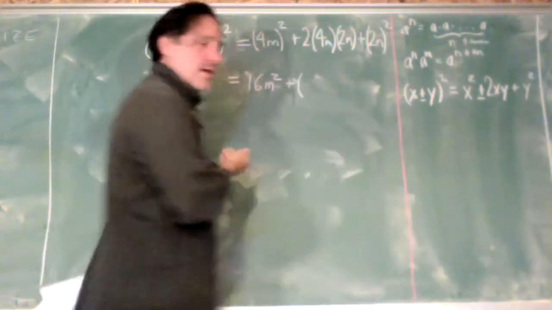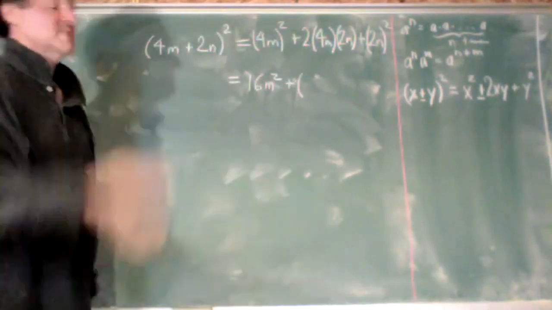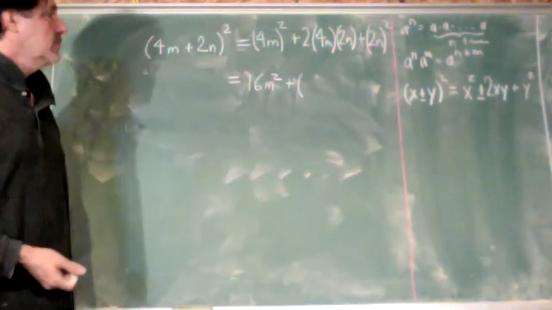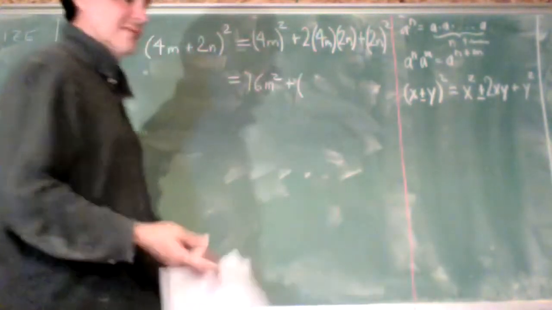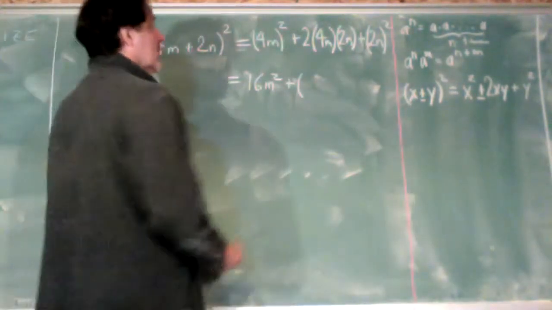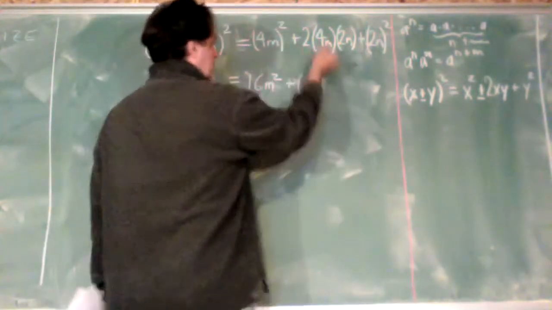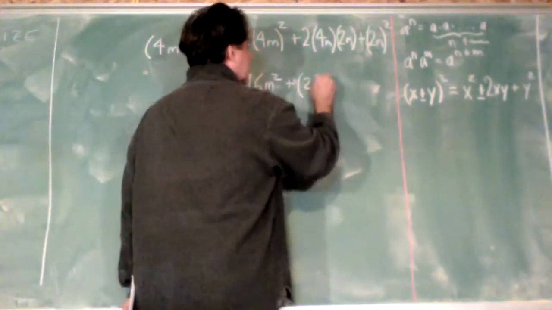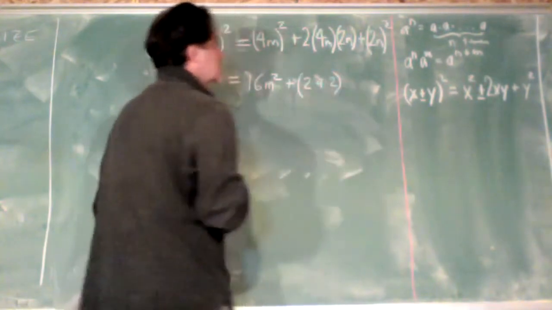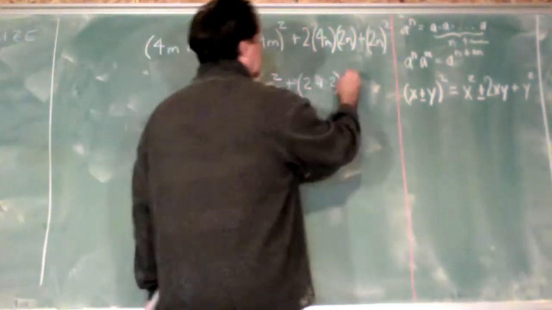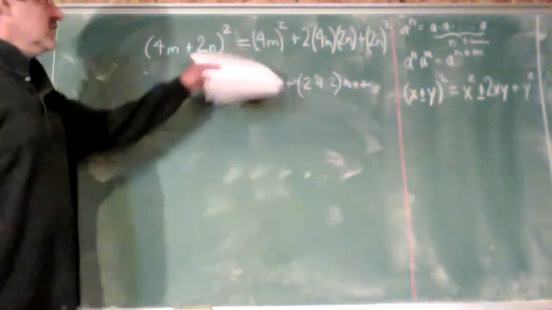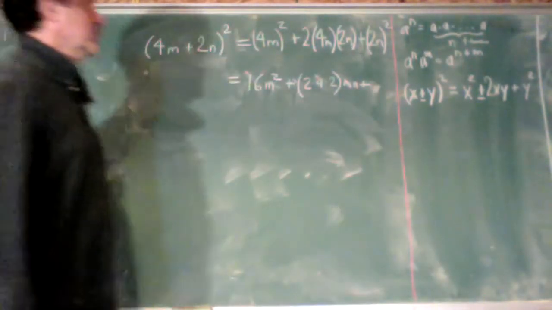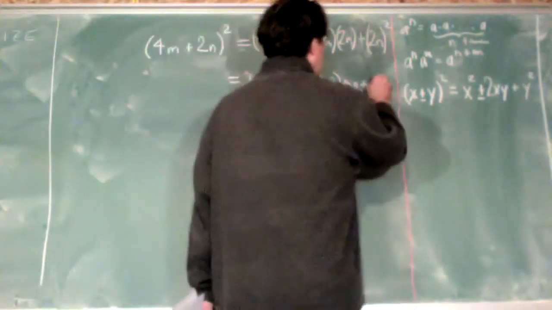Remember, by applying our properties of real numbers, which we extend to polynomials that have real, integral, or rational coefficients, we have the same nice properties. So we can just rearrange the order of our multiplicand. So 2 times 4 times 2 times mn, plus the last term, just like the first, 2n squared. 2n times 2n gives us 4n squared.